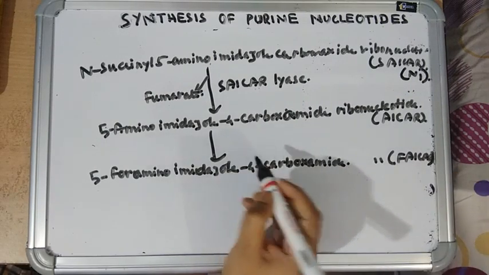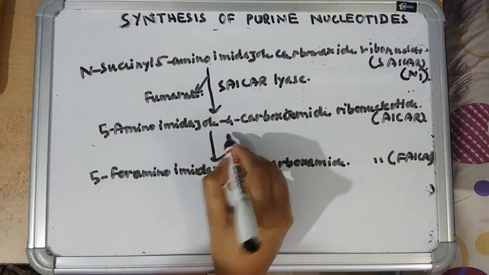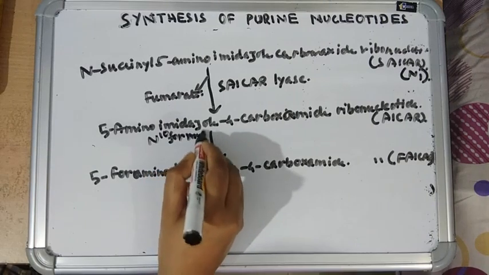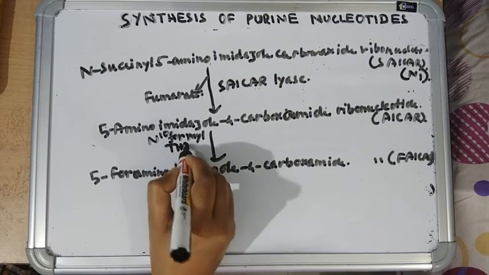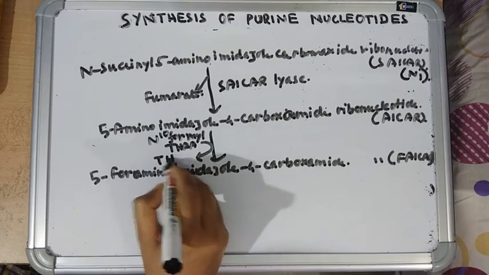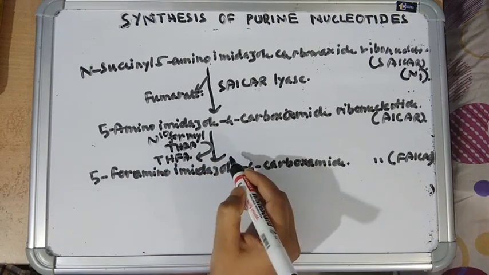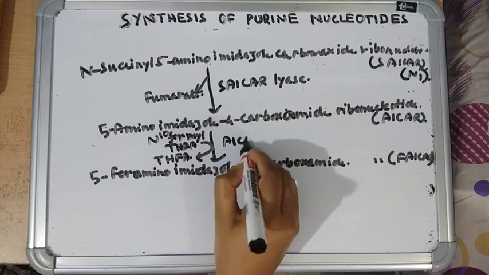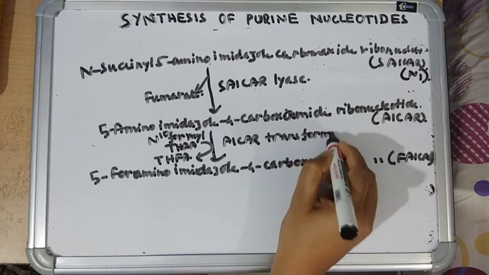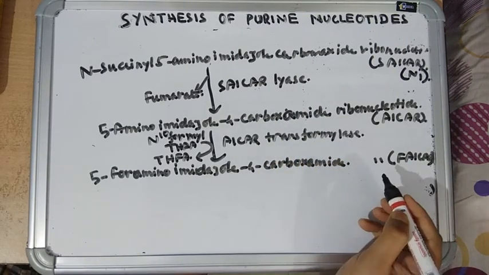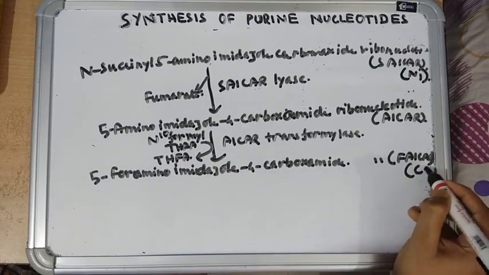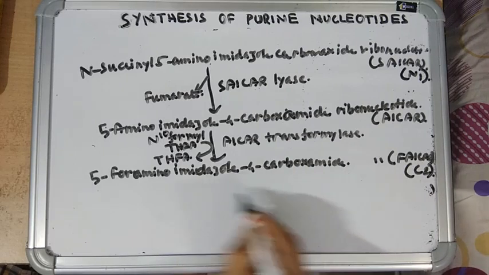In this step N10 formyl tetrahydrofolate donates the formyl group, and it is catalyzed by the enzyme AICAR transformylase, and this N10 formyl tetrahydrofolic acid contributes the C2 of the purine ring.